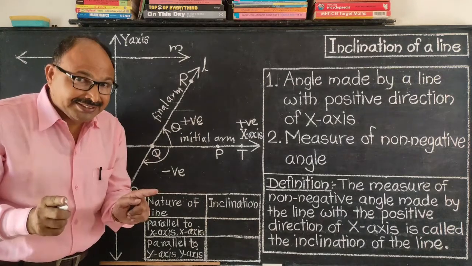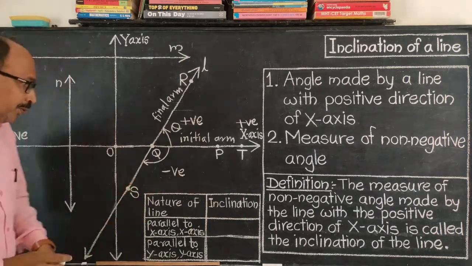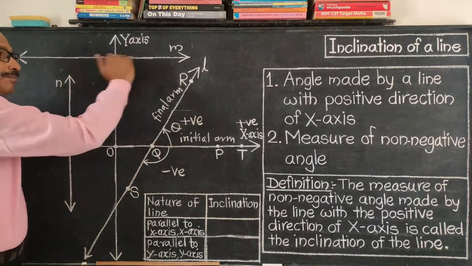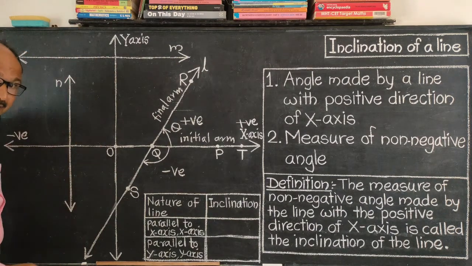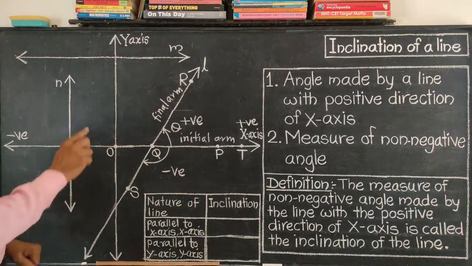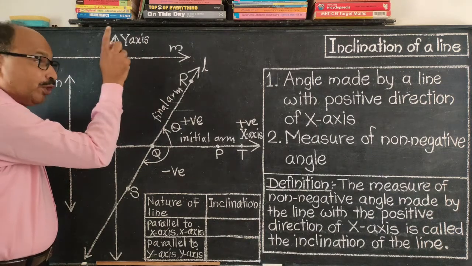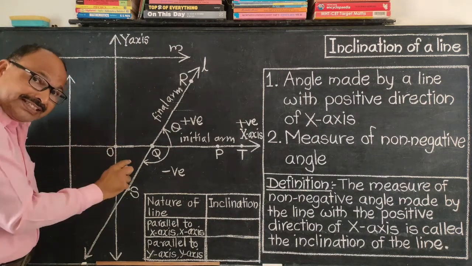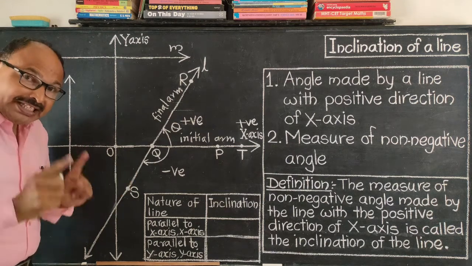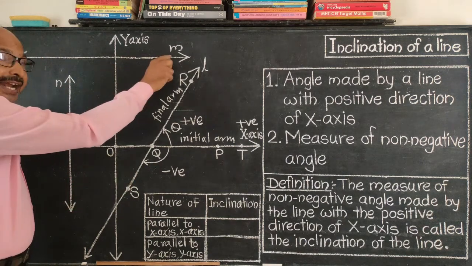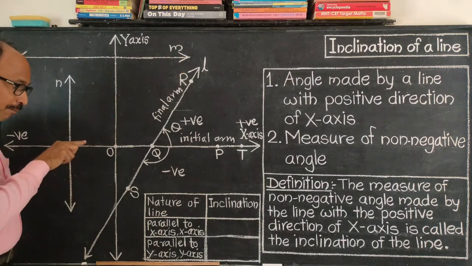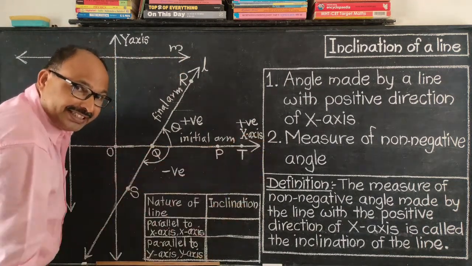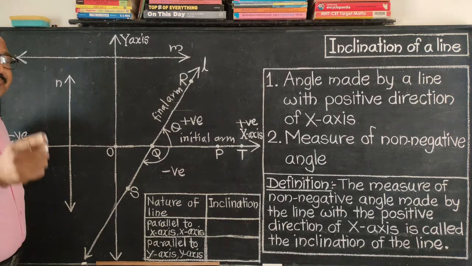Inclination of the lines parallel to x-axis and parallel to y-axis. Consider a line M which is parallel to x-axis. Measure of non-negative angle made by this line with positive direction of x-axis is 0.